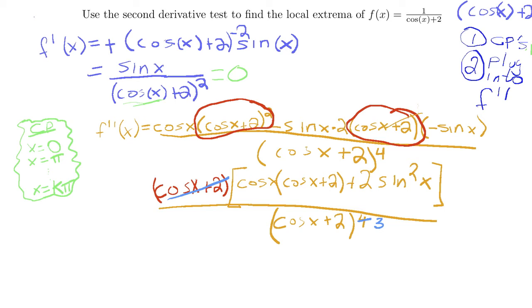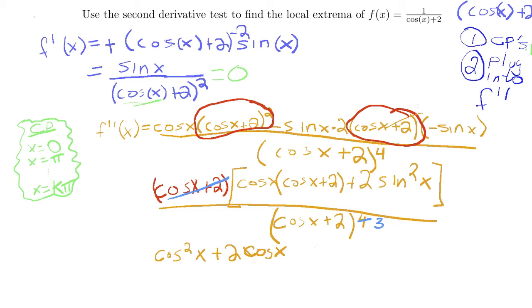Let's distribute this guy. If I distribute this guy, I'll get cosine squared x plus 2 cosine x. So let's do that. Cosine squared x plus 2 cosine x.